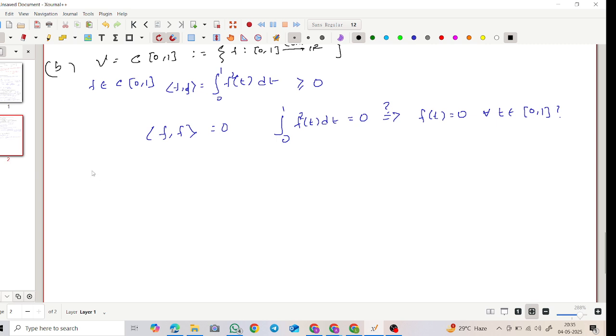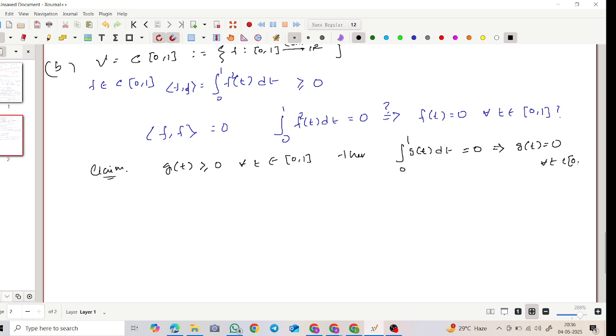Very good. So he is saying the claim: if g(t) is greater than or equal to 0 for all t belonging to [0,1], then the integral of g(t) dt from 0 to 1 being 0 implies g(t) is 0 for all t.